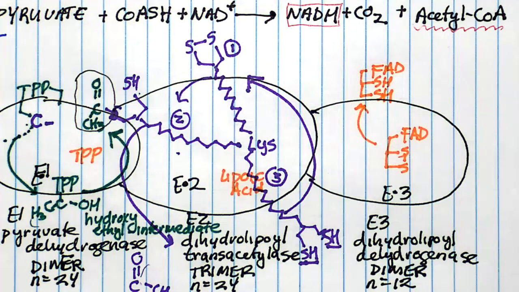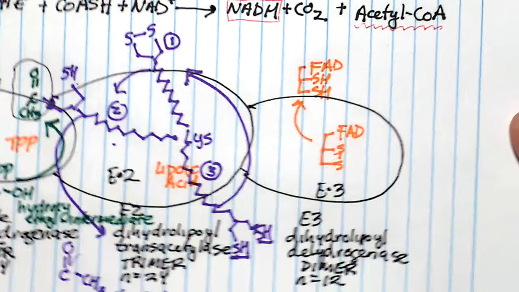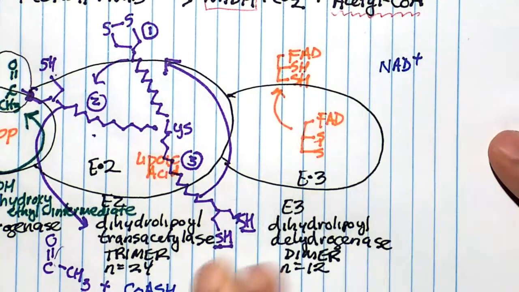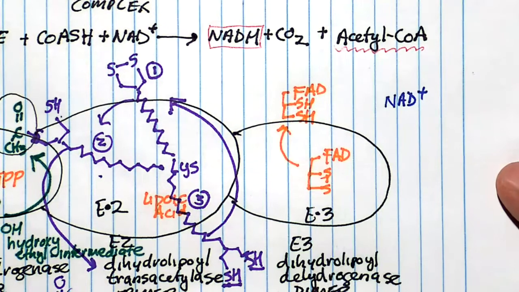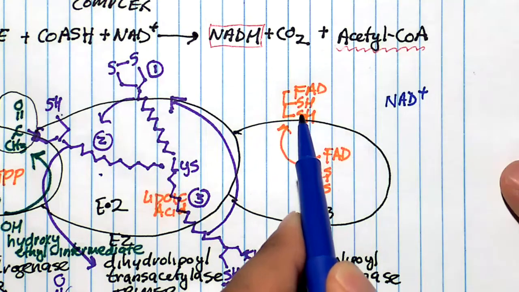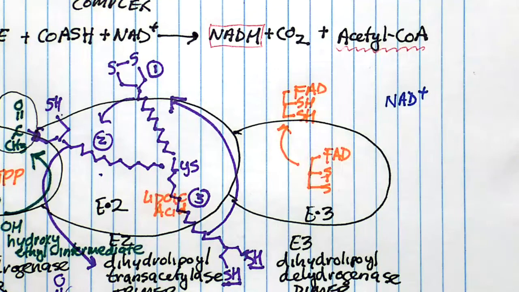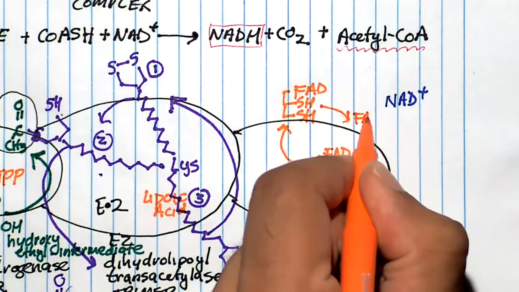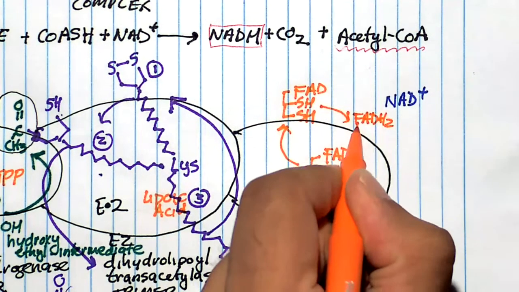That is where our 5th and final cofactor comes in, and that is NAD plus. So NAD plus, which is in a pool sitting around in the mitochondria, okay, what happens is that this SH donates its electrons to FAD, H2.